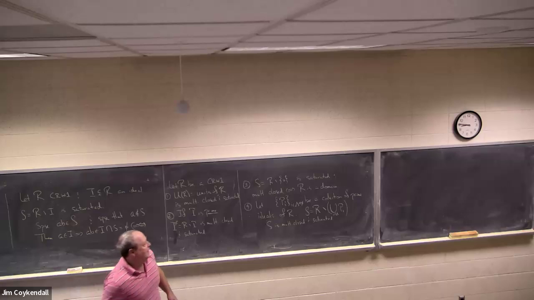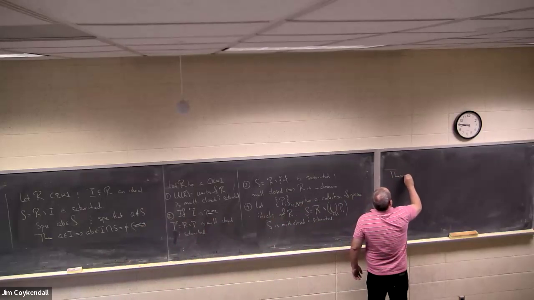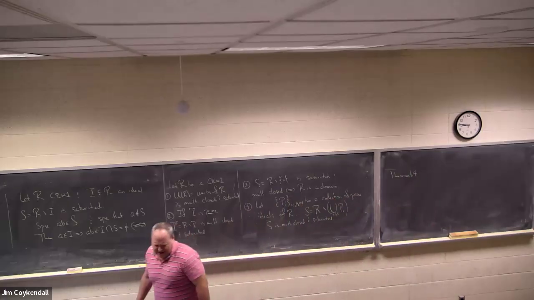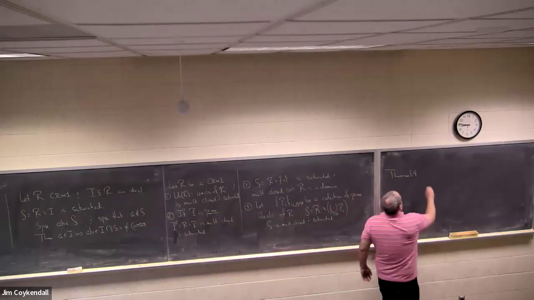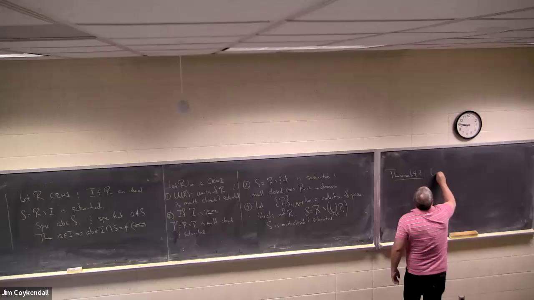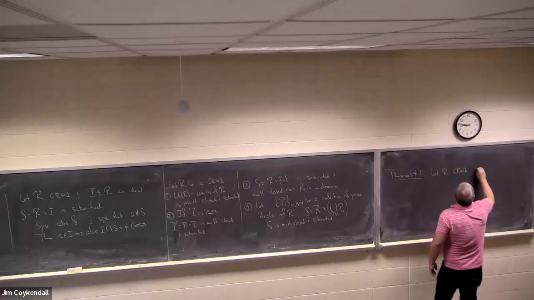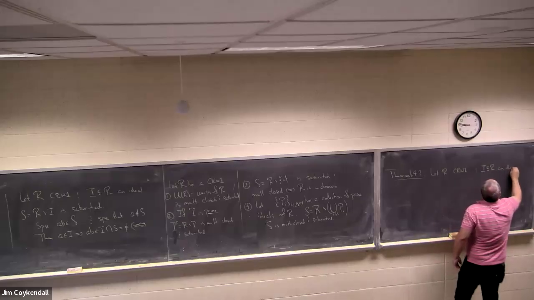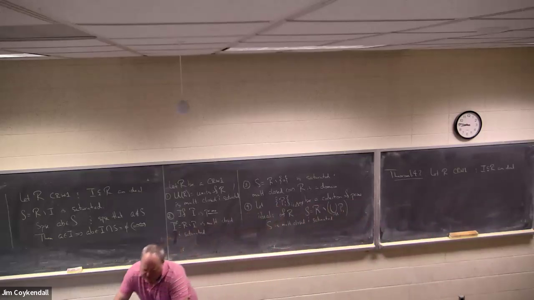Here is a very interesting theorem. This is 1.4 point something 2. Let R be a ring, I an ideal of R, and S a multiplicative set. And just for giggles, I'm going to make this a proper ideal.